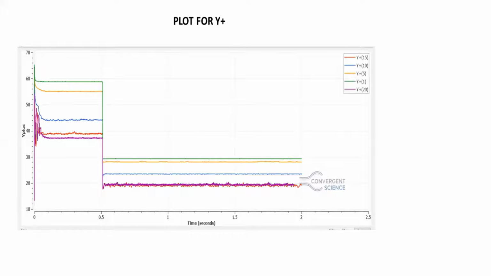Y plus 1 means you are capturing the laminar boundary conditions also. Okay. And if your Y plus is between 30 and 100, you are basically in the log law region or turbulence region, right?